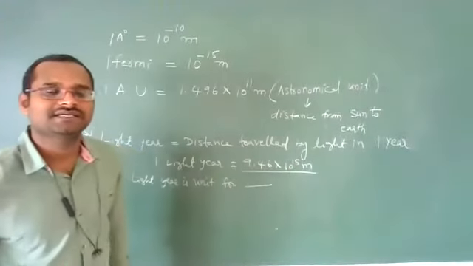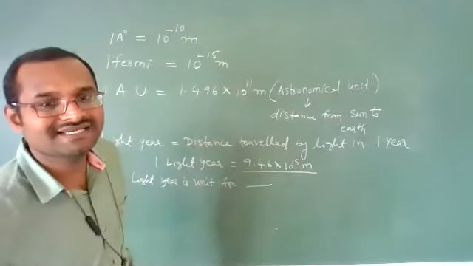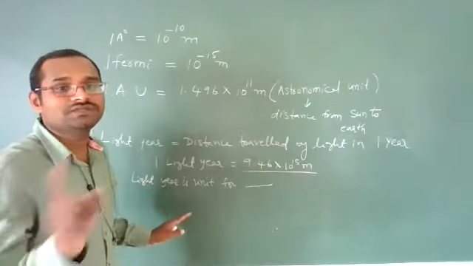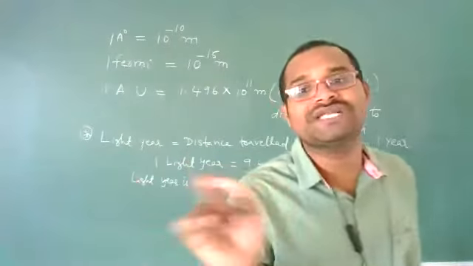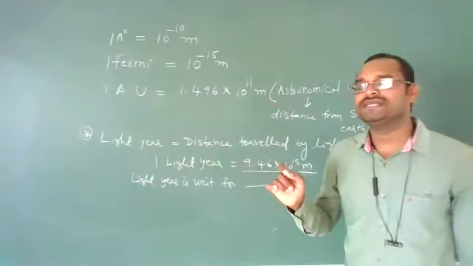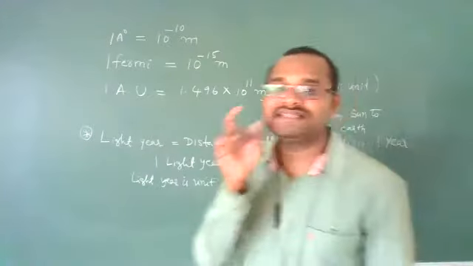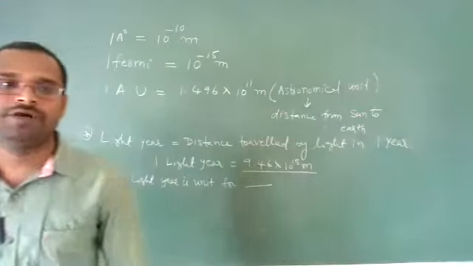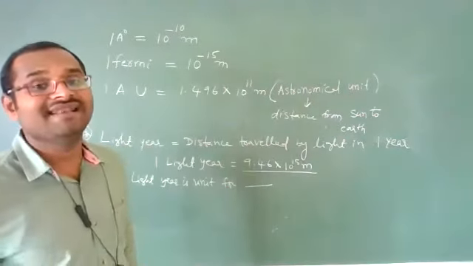Second option length. Third option mass. Fourth option none of the above. What will be your answer? Don't misunderstand that light year is a unit of time. So many students will think it is for time. Light year is the unit of length. Clear? Very important point. You must remember.